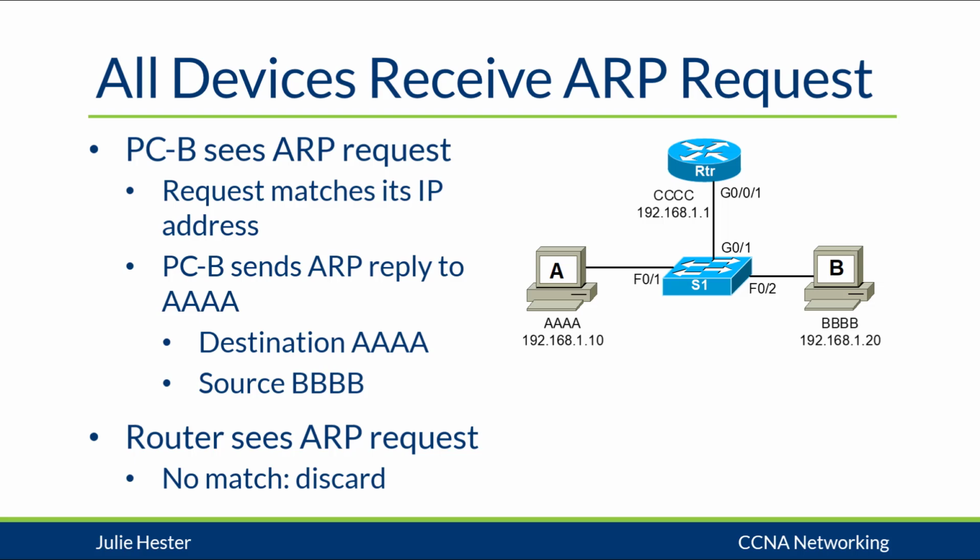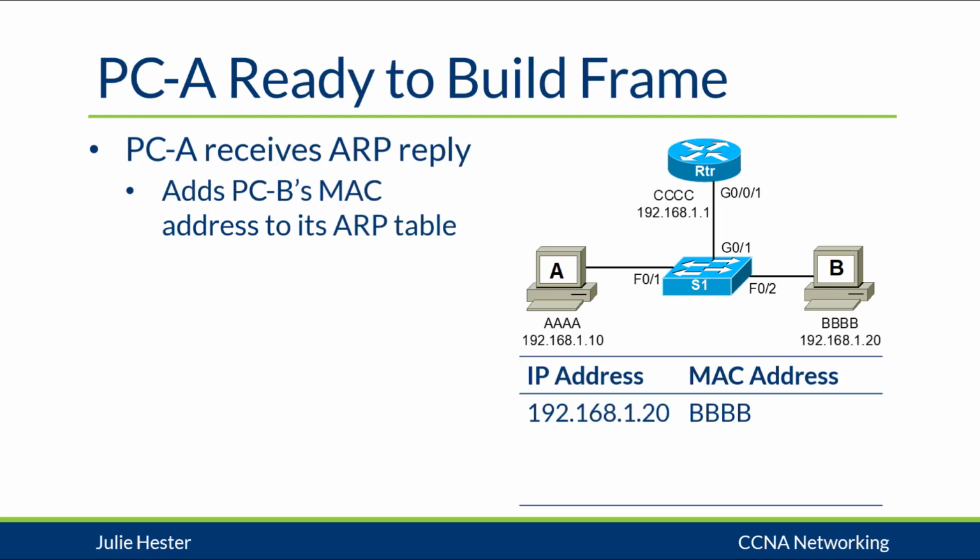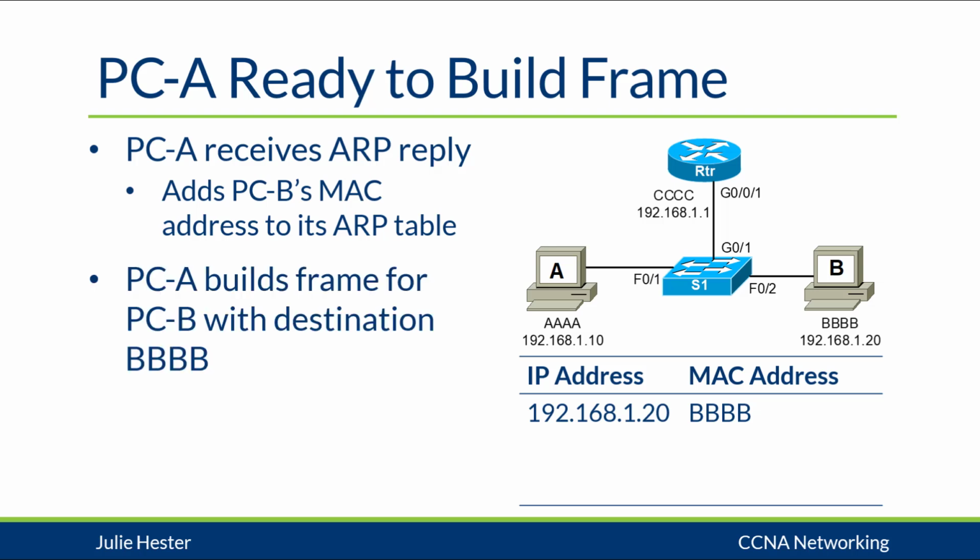Since the IP address doesn't match, it discards the request. The switch forwards the ARP reply to PCA, and PCA adds PCB's MAC address to its ARP table. The entry shows the paired IP address with the MAC address. Now that PCA has the information it needs, it builds a frame for PCB with a destination MAC address of BBBB.